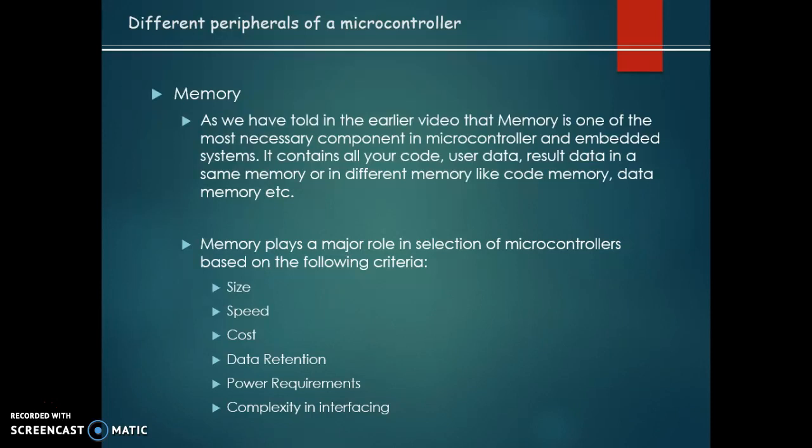While selecting a particular microcontroller, you need to find out whether it has an internal memory which can support your code and your data in terms of size, then how much speed you want out of your memory, and how much you would like to pay for your memory, which comes under cost.